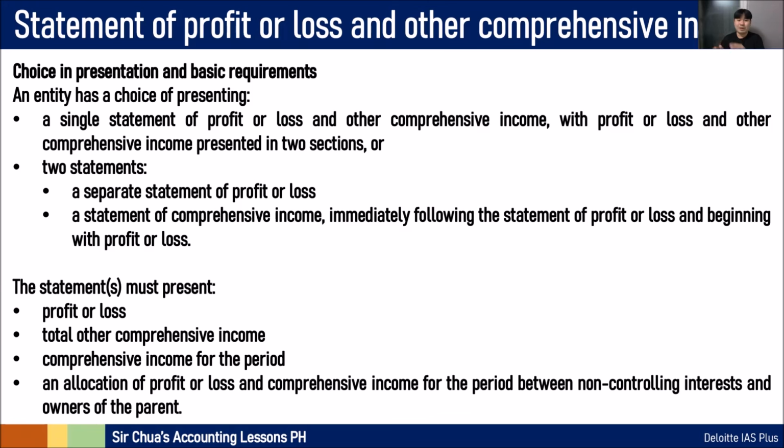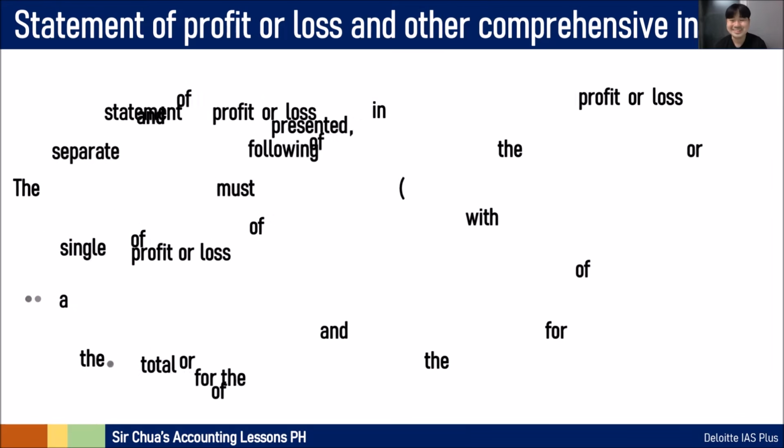So, yung mga pag-allocate natin ng income items or profit or loss items and OCIs, or basically your comprehensive income, into owners of the parent and non-controlling interest, those are higher accounting stuff, no? That you will know when you're already there. So, good to know lang tong part na to. Pero medyo hindi nyo pa siya ma-absorb for now. Okay? So, medyo good to know lang siya. At least you know.